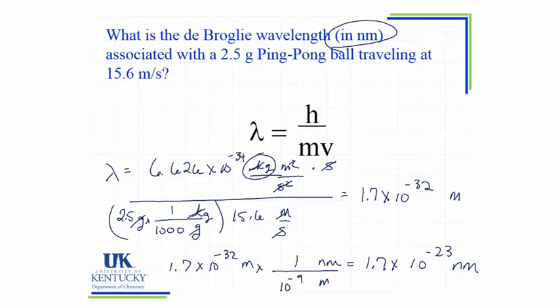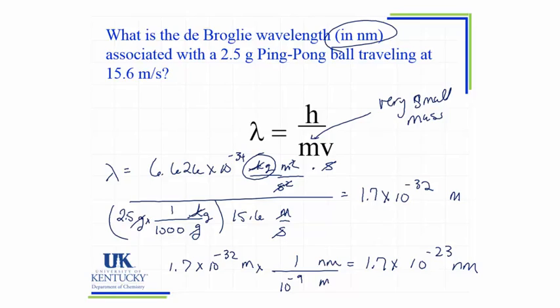But it's only really very, very tiny particles that give you a wavelength that is actually measurable and observable.